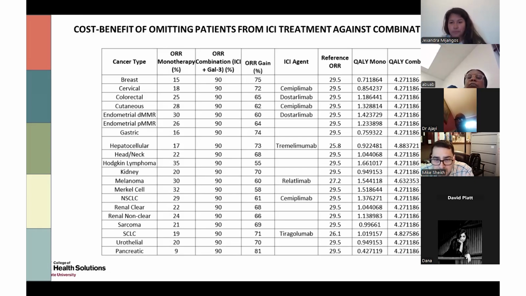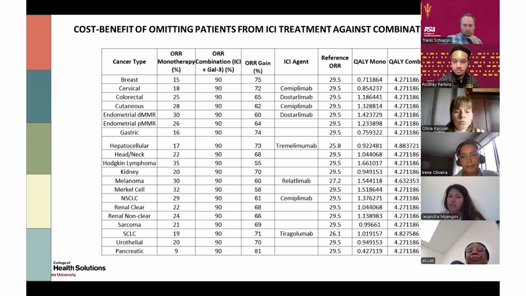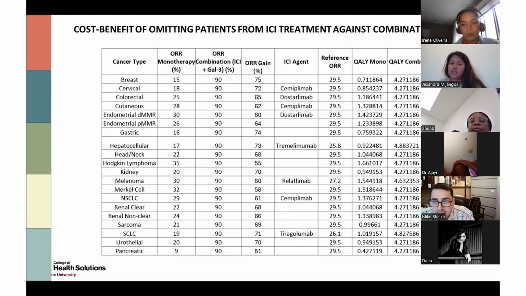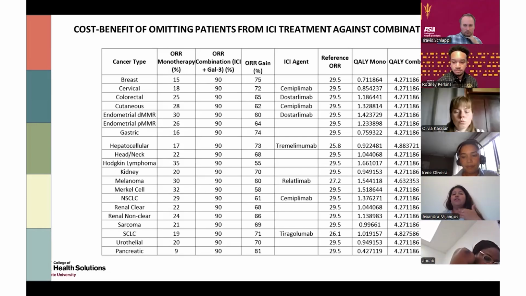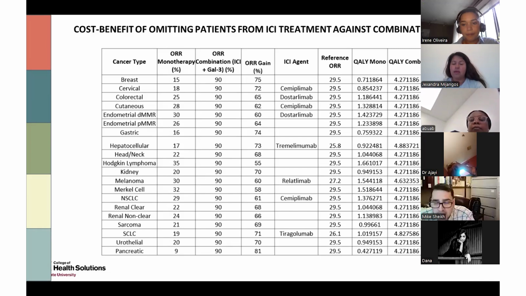And also, if we want to spend some more money to get this extra improvement, it is also cost effective. When we're talking about the ICER, the price is ranging between the 15 and 18,000, but it is more cost effective than if we only treat a patient with monotherapy that is not working for them. So we know for sure with the combined therapy, we're going to obtain a good result, better quality of life, and we can extend it for a reasonable price.